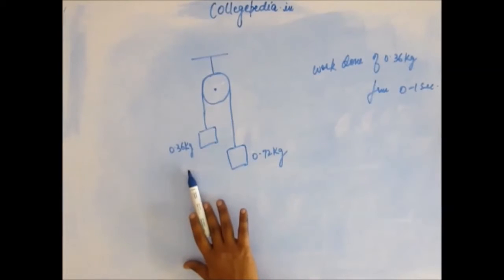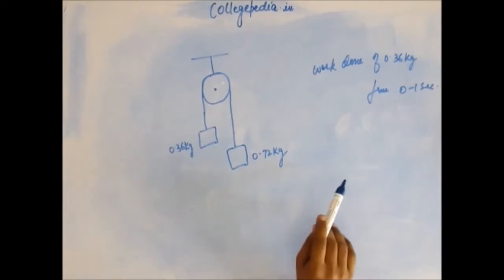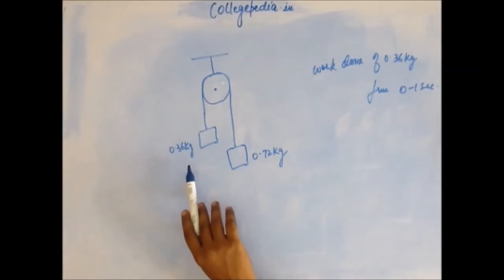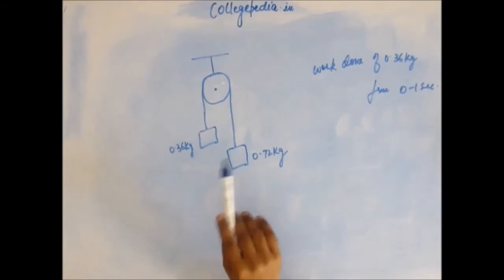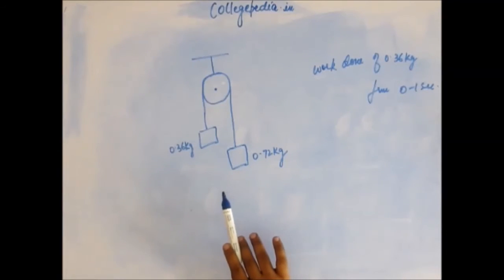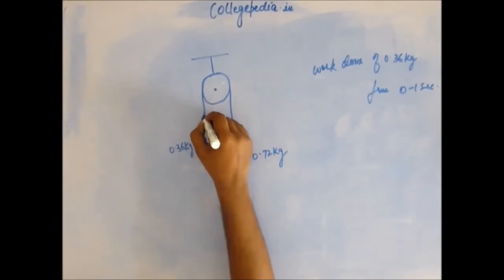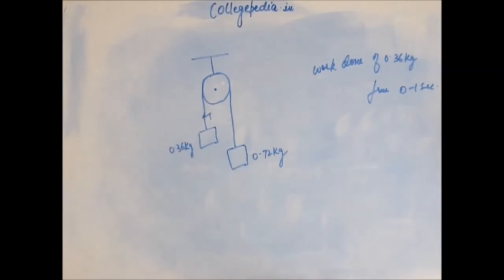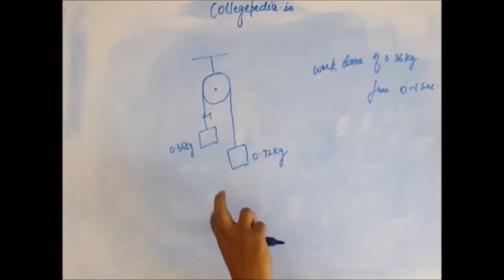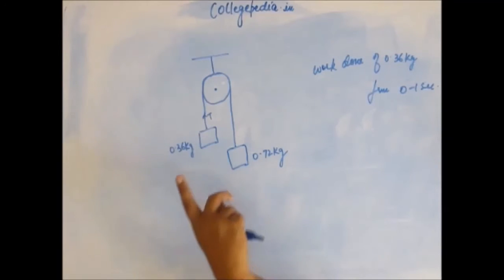The work is force into displacement. So if you want to find the work on 0.36 kg, then we have to find the force on 0.36 kg. The force on 0.36 kg is the tension that is acting against the gravity. The internal force of the system is tension.